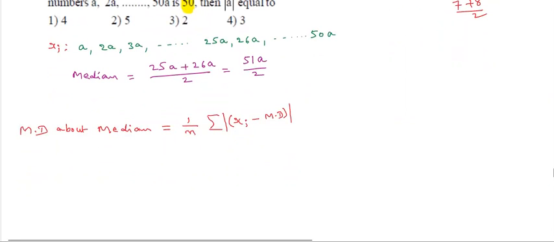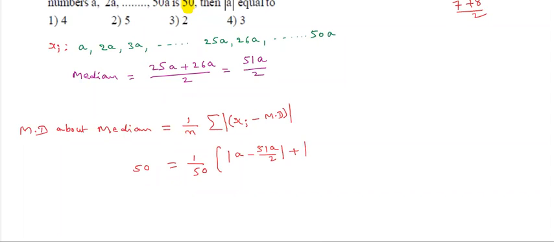Now, 50 is equal to 1 by 50 into sigma. So we need to expand the sigma. Modulus of first observation a minus median 51a by 2, plus second observation 2a minus 51a by 2, plus and so on.